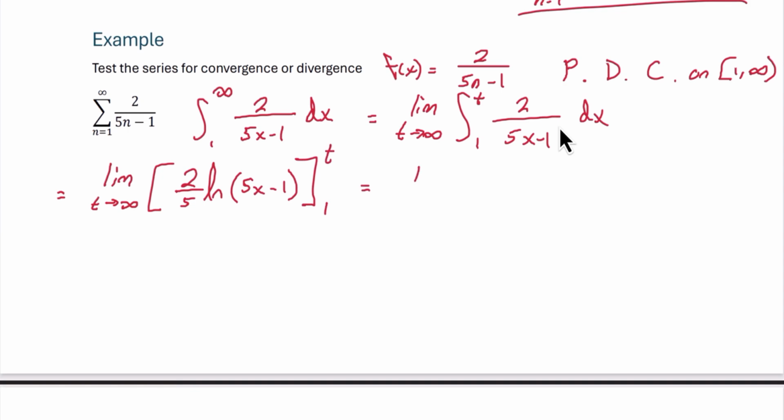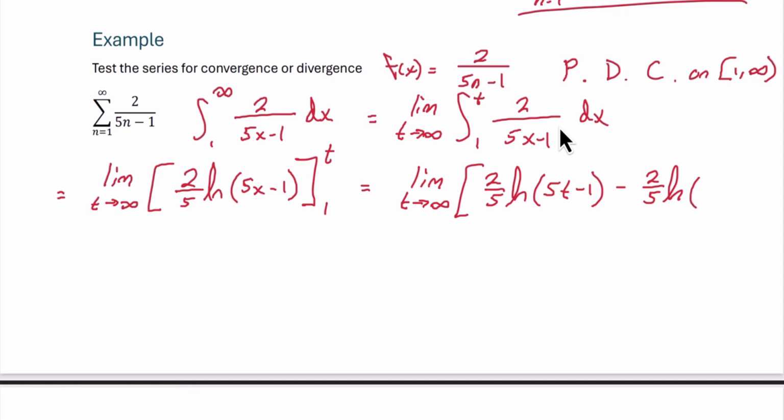Let's now plug in those limits of integration. Limit as t approaches infinity of 2/5 ln of 5t minus 1 minus 2/5 natural log of, if we plug in 1 to this, we get 4.